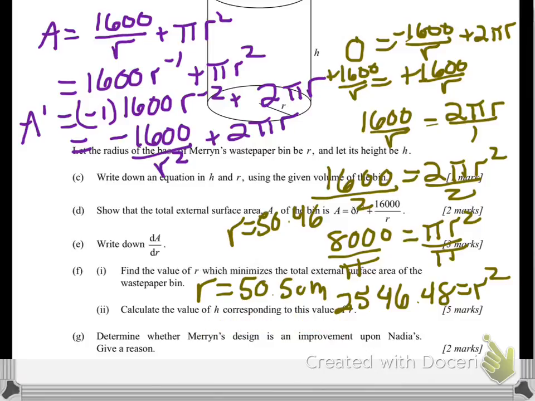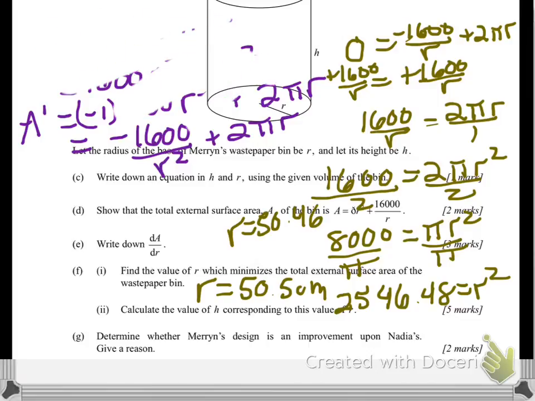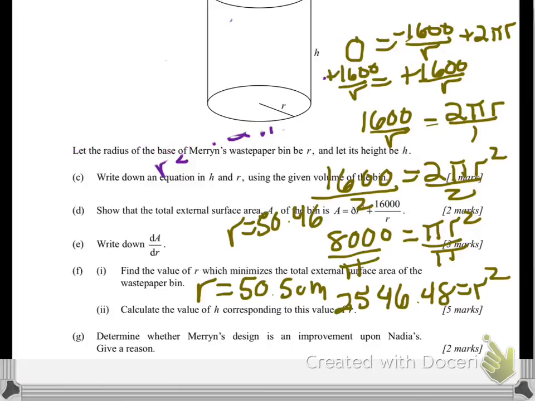Let me erase this. Now it says calculate the value of H. Okay, so I need to erase this over here. I apologize. And I'm going to change my colors because I think it gets so lost in here with all these different deals. I'm going to go to a blue. All right, and so what did I get for H?